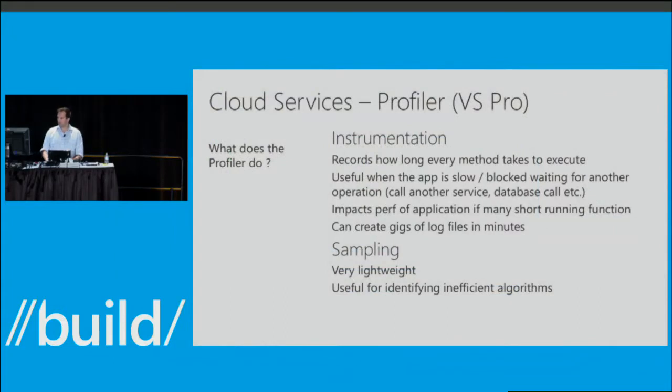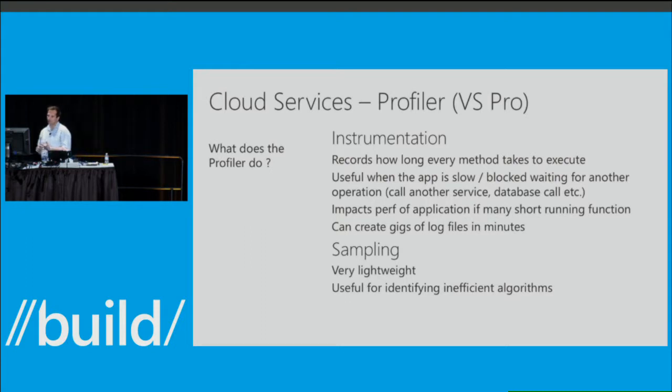So again, if you choose instrumentation, it really records how long every method takes to execute. That's what I just explained. It's really useful when the app is slow. We use it internally because we have some internal services as well, and it's really helpful. If you have a lot of short-running functions, it may impact the performance, but that's okay because you're troubleshooting anyways.